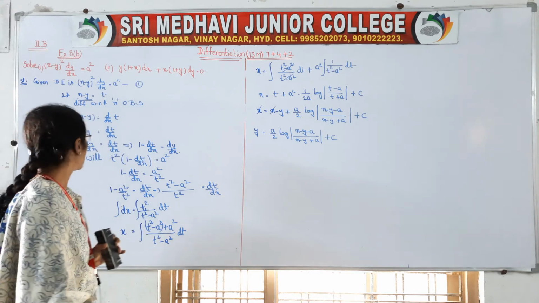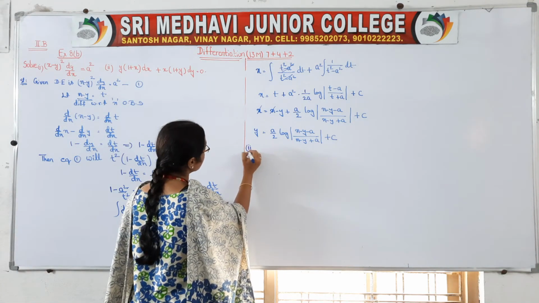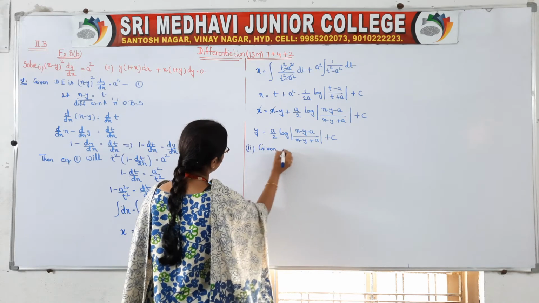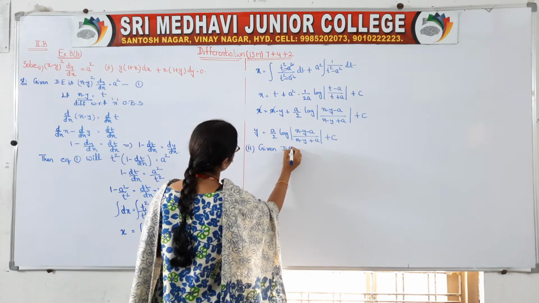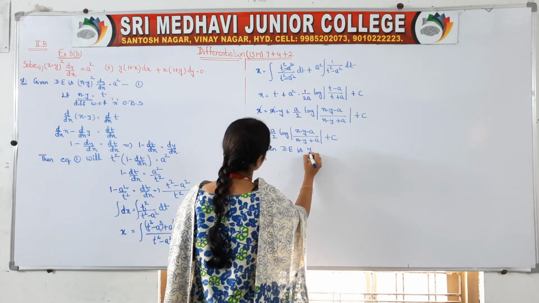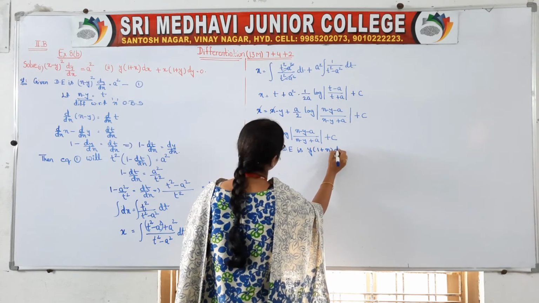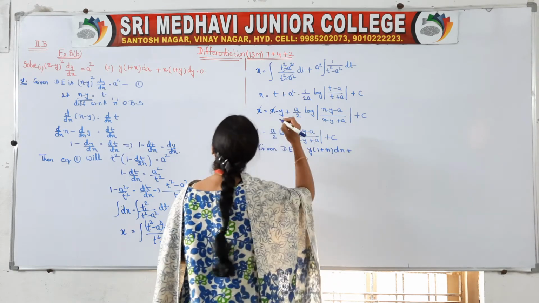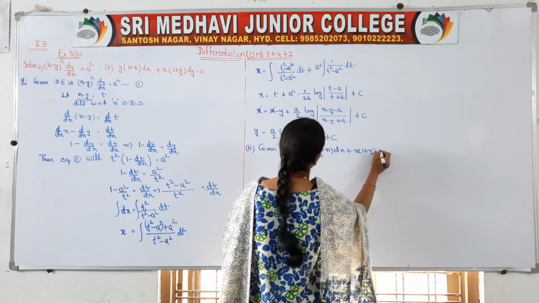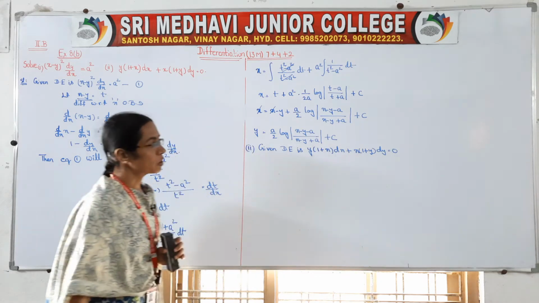Now come to the second question. What is your second question? The given differential equation is y(1 + x) dx + x(1 + y) dy = 0.